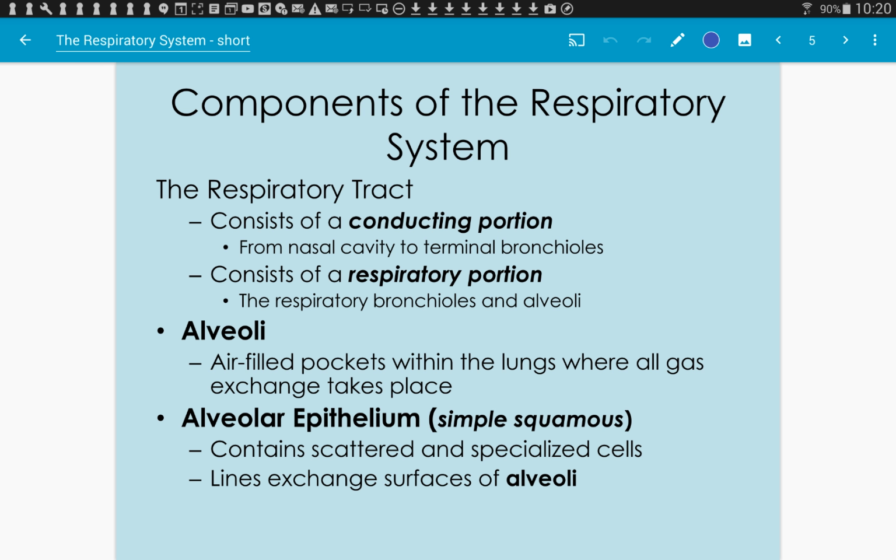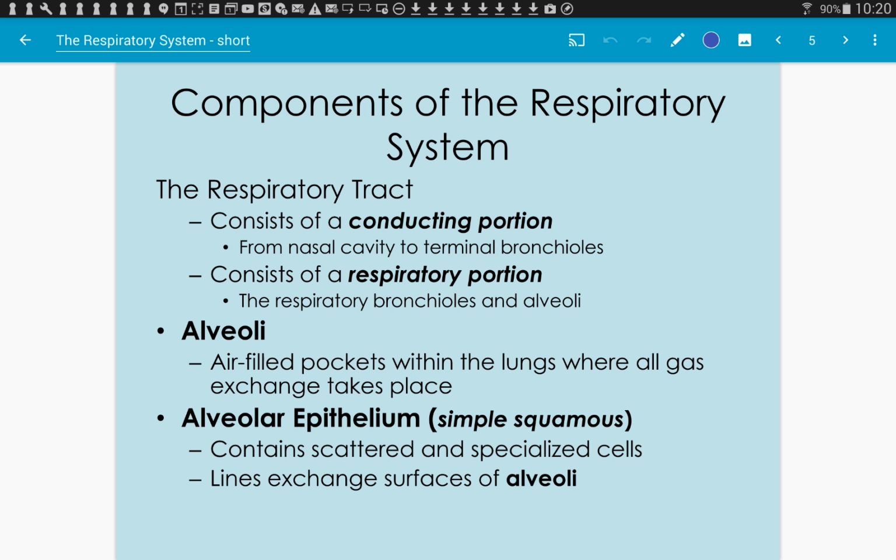The conducting portion is from your nasal cavity, just say nose, to what we call the terminal bronchioles. This is something you definitely need to know. It's called conducting because it's conducting air.